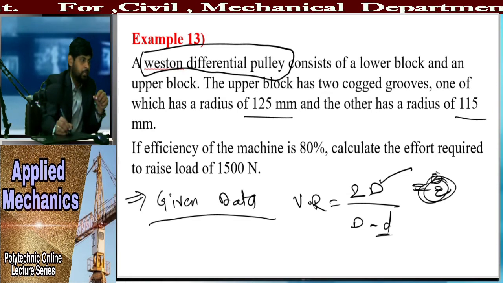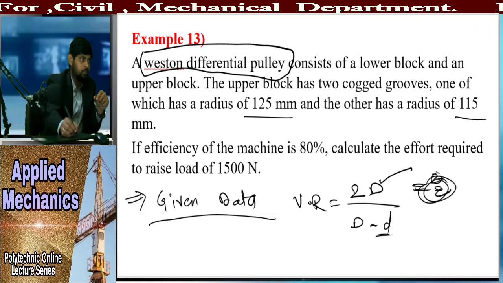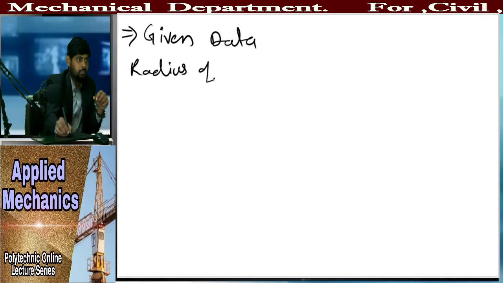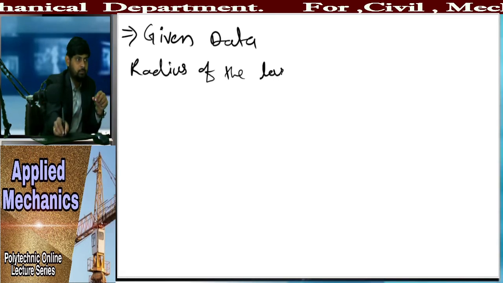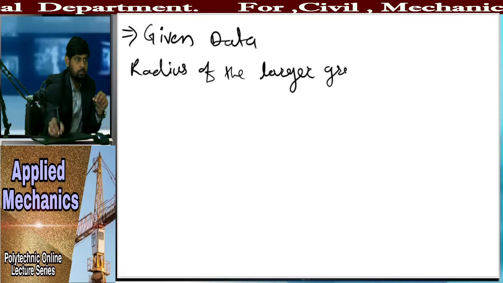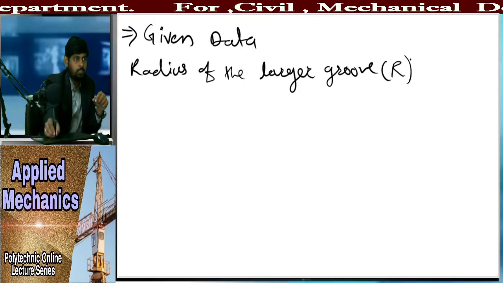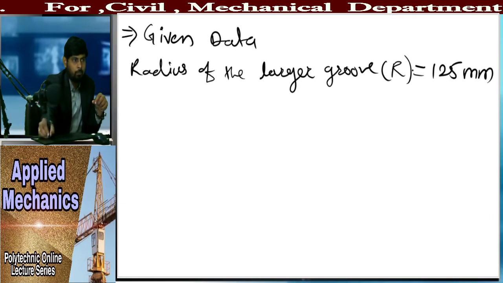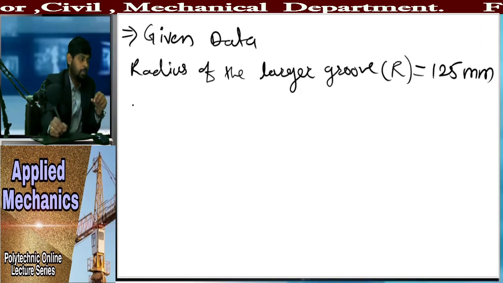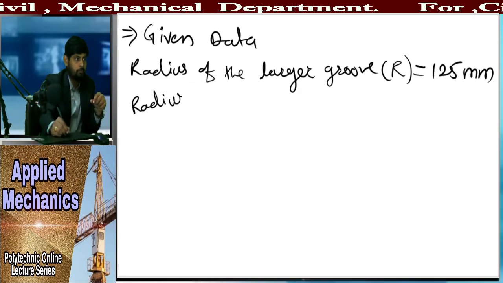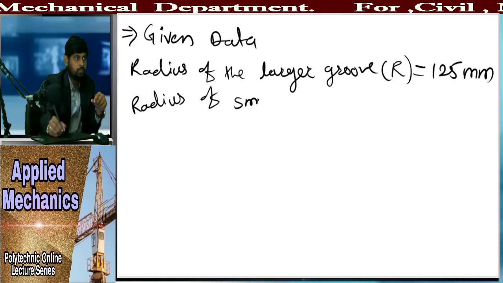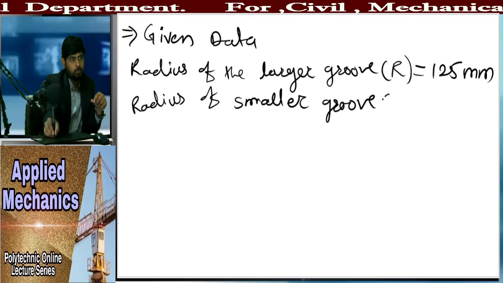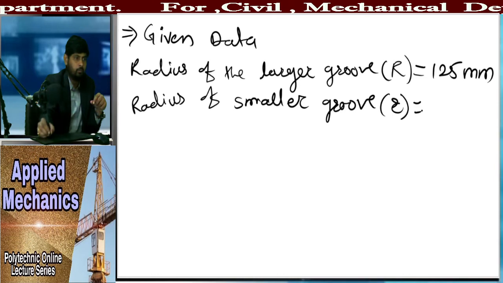The radius of the larger groove, capital R, is given. How much is it? 125 mm. After that, the radius of the smaller groove, small r, is also given, and it is 115 mm.